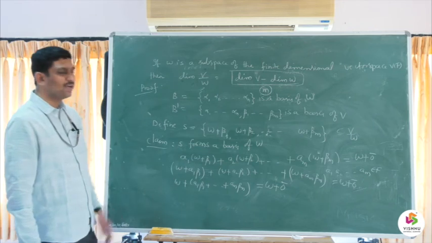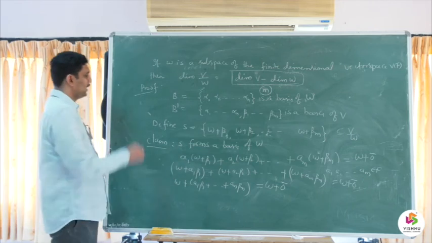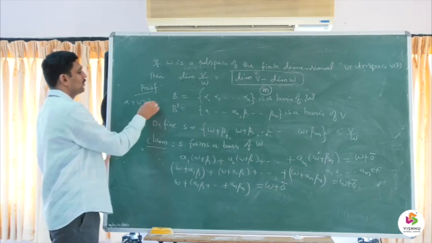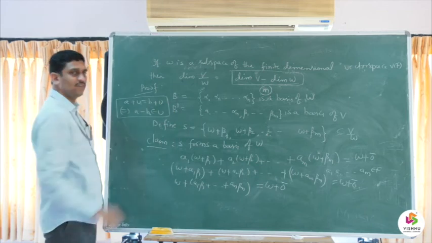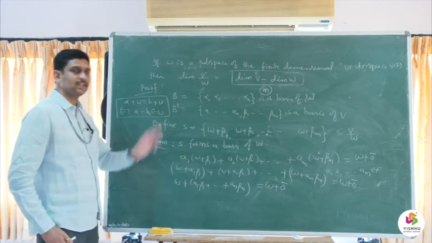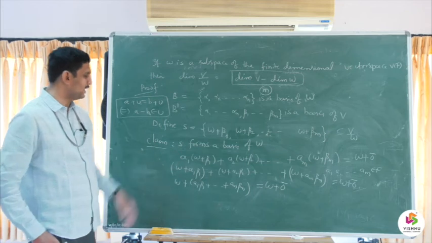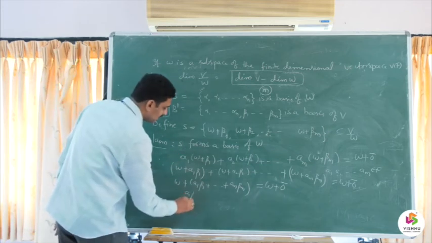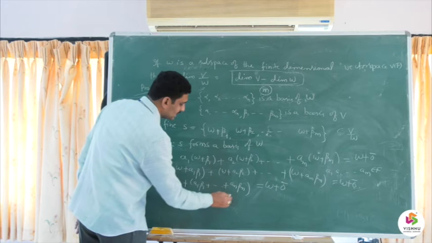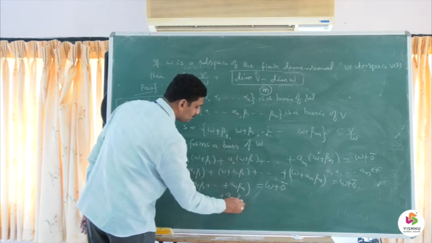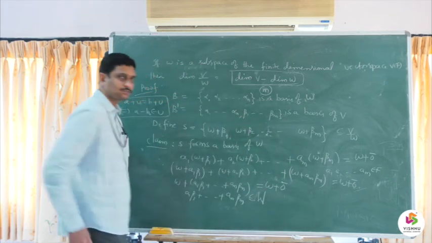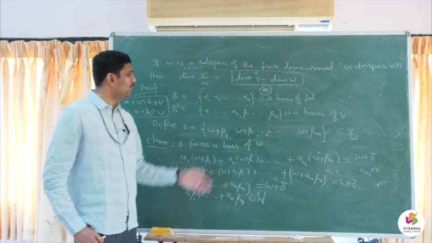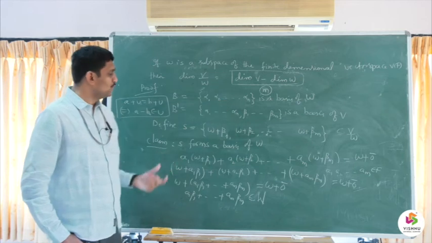You have a very similar result in ring theory: A plus U is equal to B plus U if and only if A minus B belongs to U. Whenever two cosets are equal, the corresponding difference will belong to the set. Using the same technique here, I can say that A1 beta 1 plus so on plus AM beta M belongs to W. Since W has a basis, what is the meaning of it?